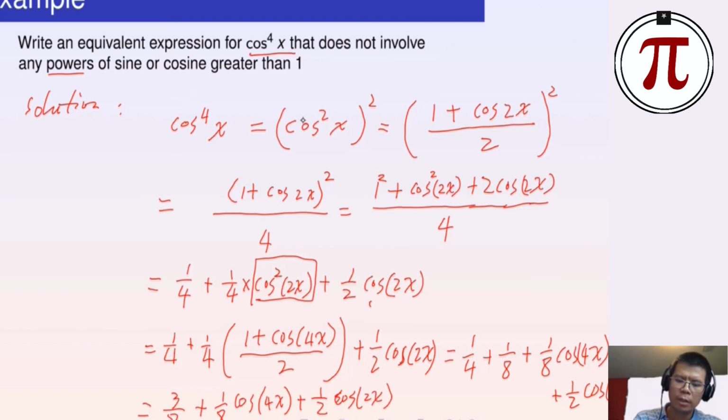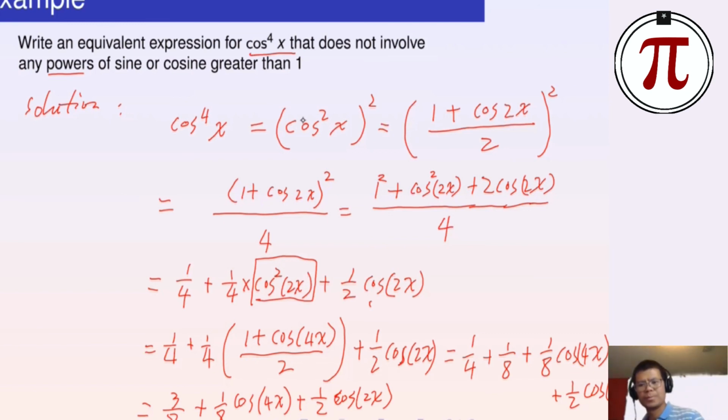Now you can see we're all good to go, right? Because it's cosine, the power is just 1. So we got 3 over 8 plus 1 over 8 cosine 4x plus 1 over 2 cosine 2x. Good.